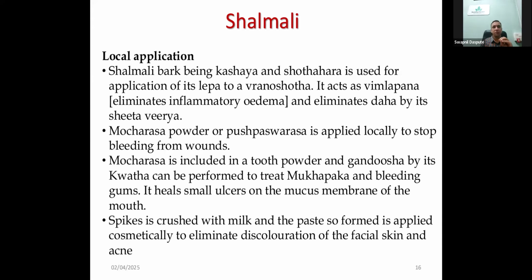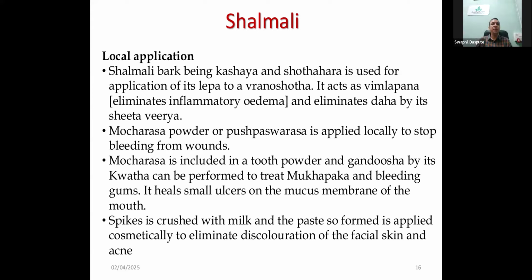Only then will it get contaminated or spoiled. Otherwise, it will just stay for months and months together. So that powder can be used for bleeding disorders or external bleeding, majorly in wounds.